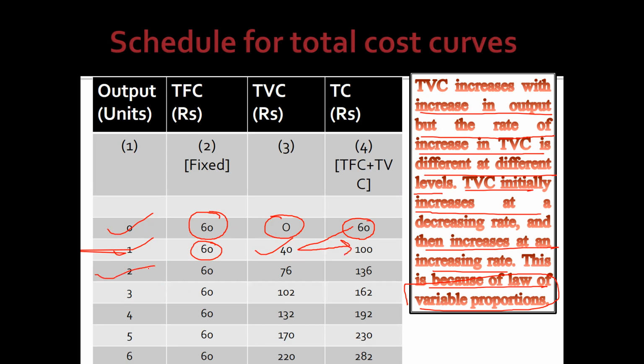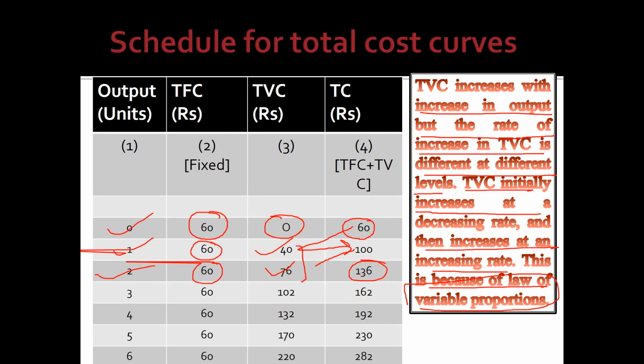When we are producing the second unit, the 60 fixed cost will be the same and variable cost is 76.